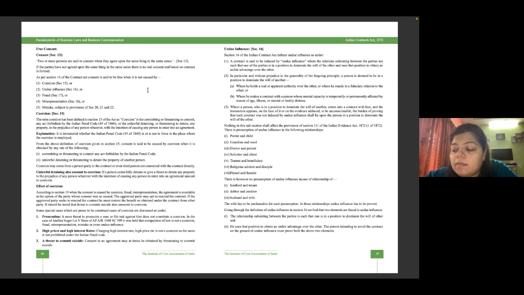So if I am a landlord and I know that there are certain defects in the house that I'm trying to sell, and the tenant asks me if there are any defects and I choose to keep silent, in such cases, that particular contract can be contested to be voidable.